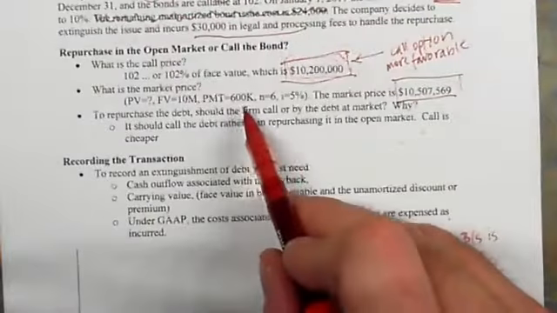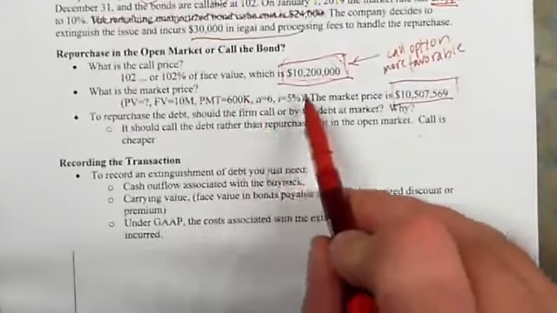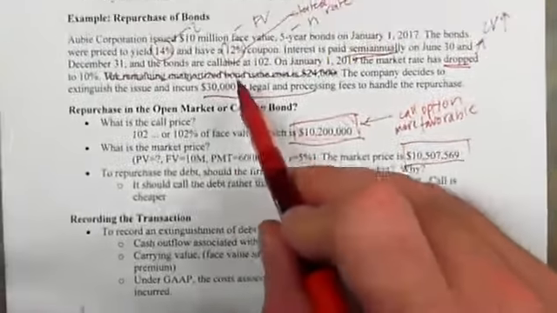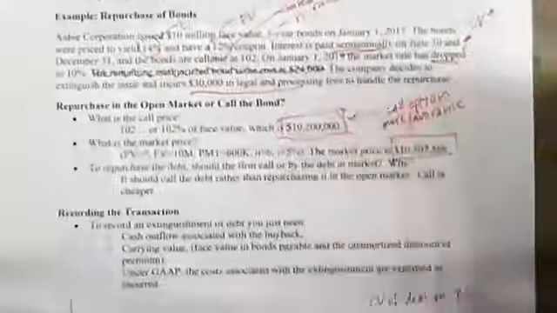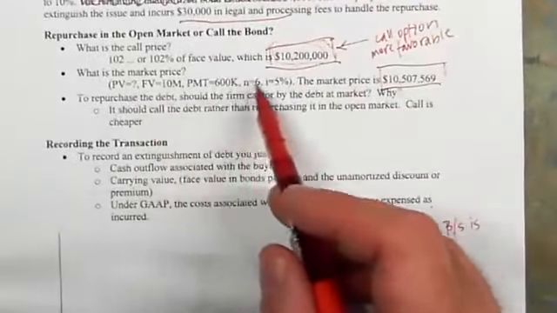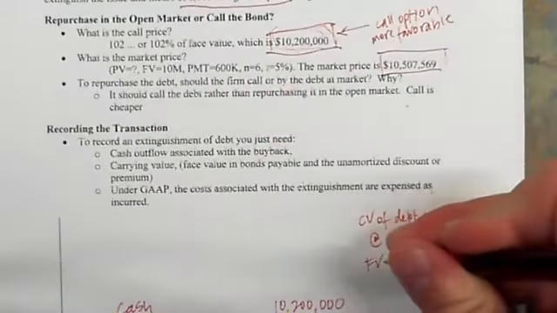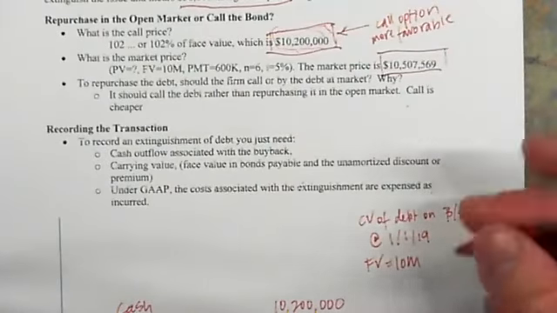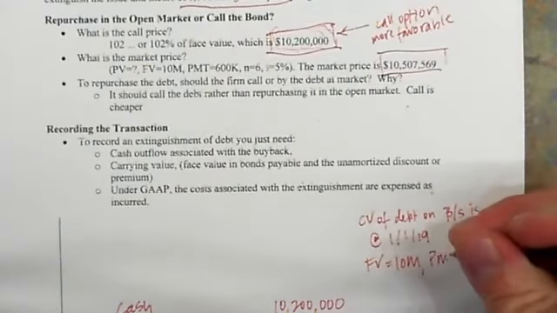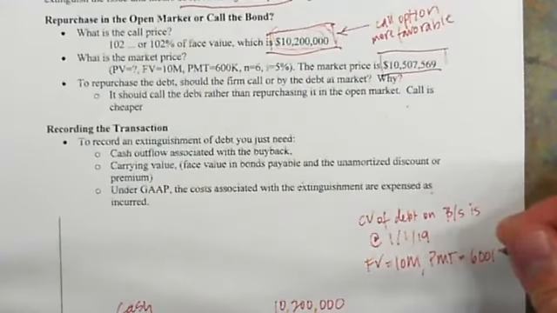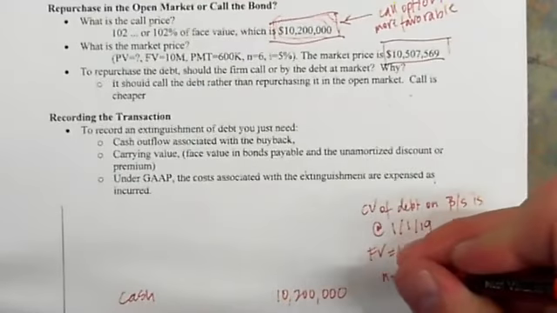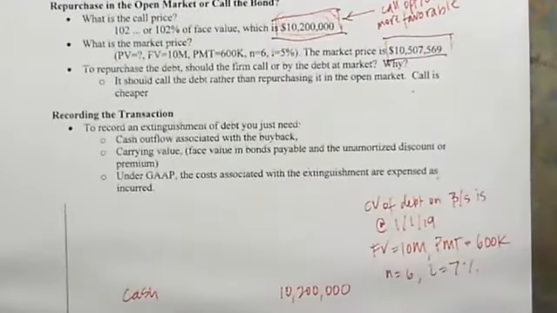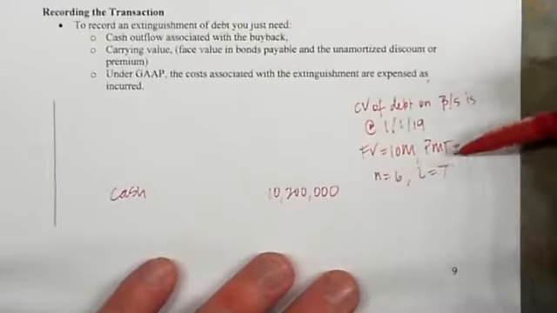So this calculation gave me what the carrying value of the debt is if I was using a 5% rate. But remember, the market rate at issue was actually 14%. And so I would do the same present value formula, except that instead of an interest rate of 5%, I would have an interest rate of 7%, because we're talking about a 14% market rate on a semi-annual basis. But other than that, it's the same time period, so it's the same N. The payments haven't changed.